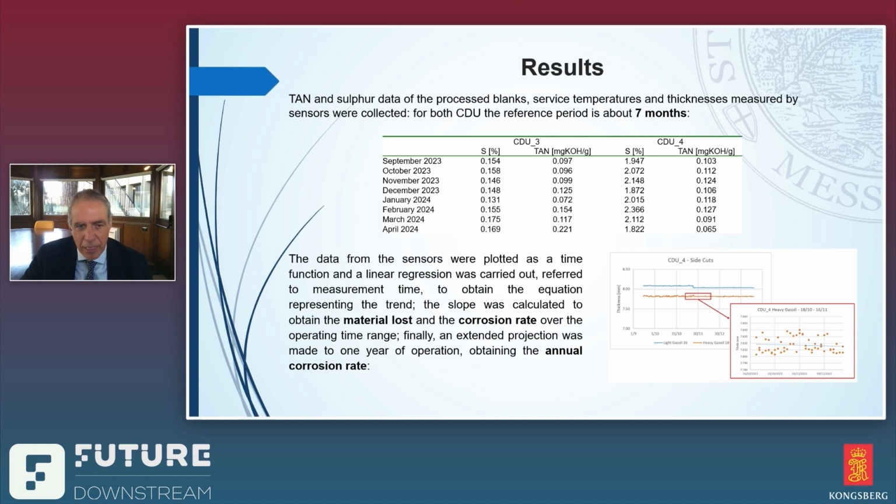This was just a reference for us to be sure that the system is reliable and we can use it, and that it is possible to do that. So the data from the sensors were plotted as a function of time, and a linear regression was carried out.